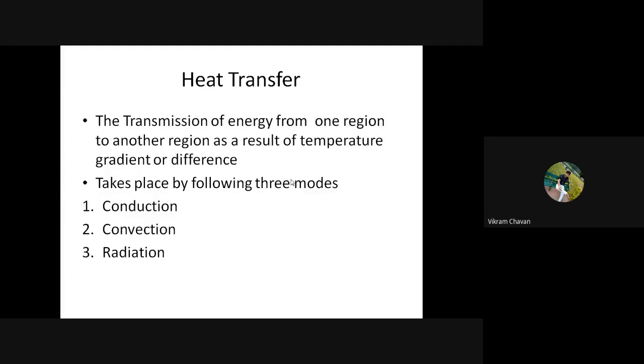If the temperature gradient is there, then and only then heat will be transferred from the high temperature region to the low temperature region, and it will transfer because of three modes of heat transfer: conduction, convection, and radiation.